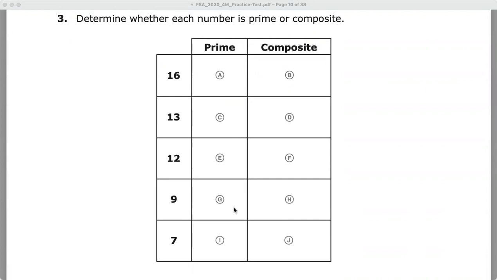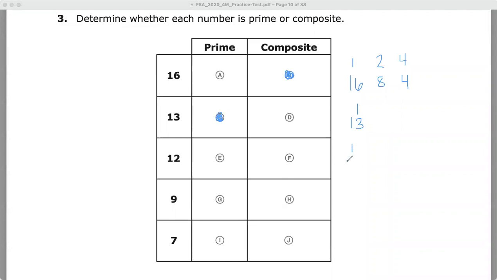So 16 is a composite number because we could say it is 1 times 16, 2 times 8, and 4 times 4. Those are the factors of 16. So this is definitely composite. 13 is 1 times 13, and then nothing else goes into it evenly. So that would be a prime number.